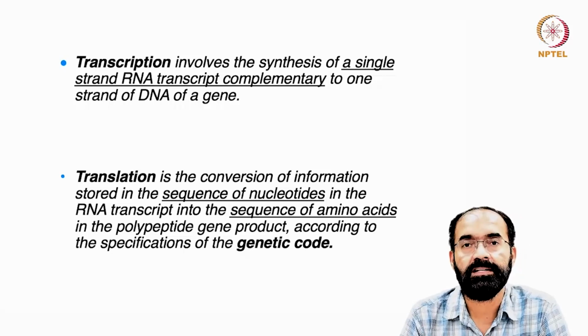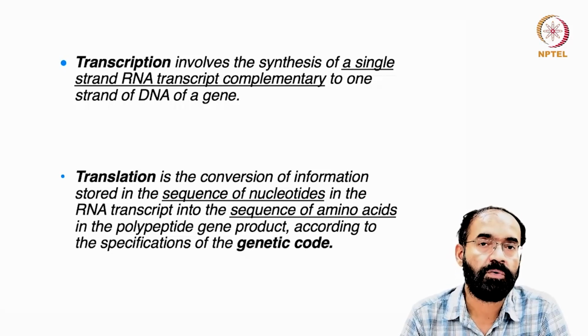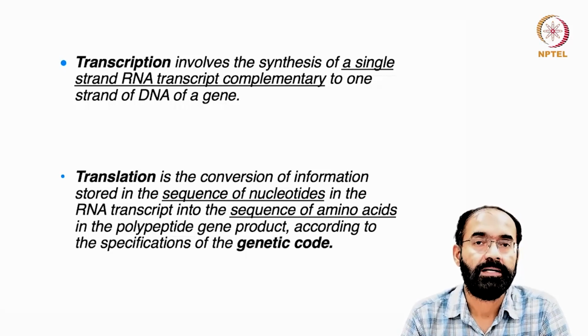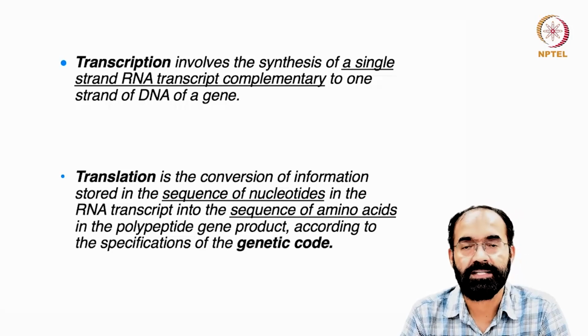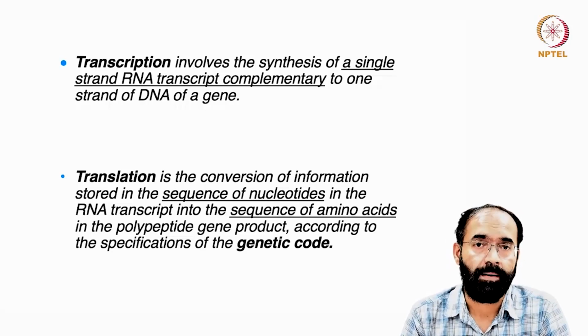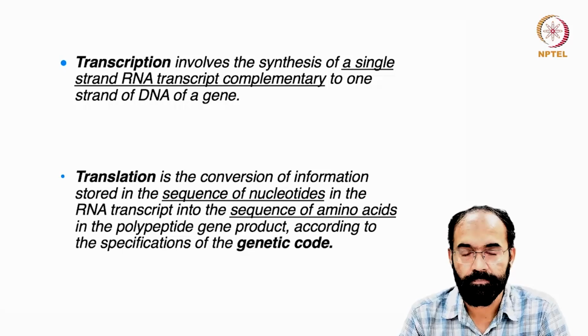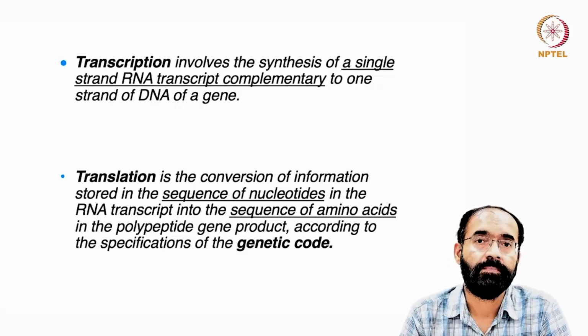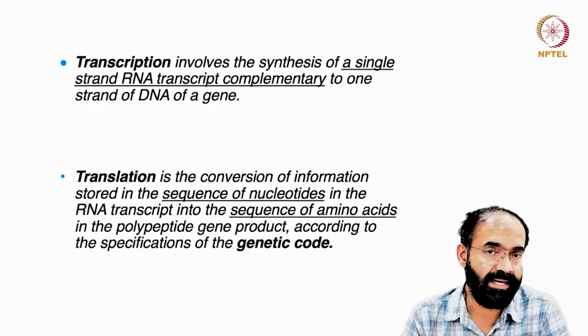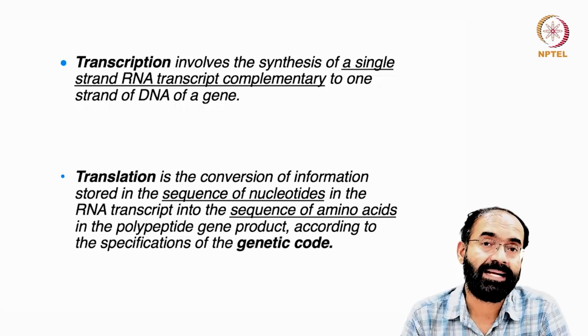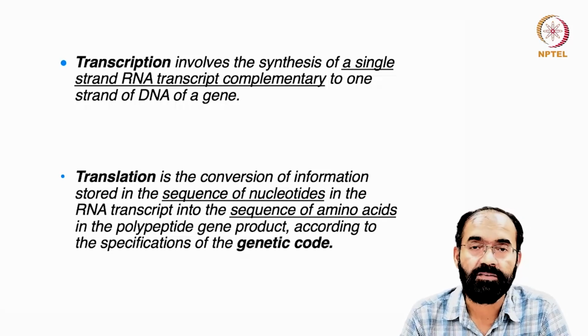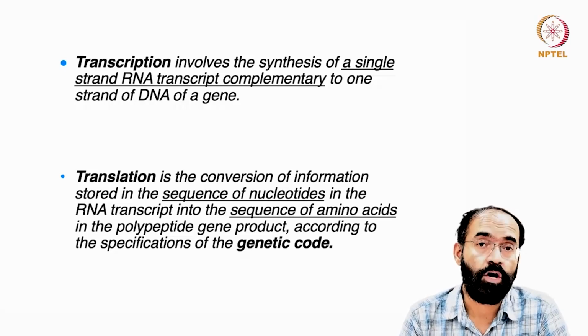So the sense strand basically codes for a mRNA, the actual mRNA sequence, and it has information or codons that have to be translated into amino acid sequence in the cytoplasm. However, the other strand, that is the antisense strand, is acting as the template, or in other words, the sense strand is the non-template.